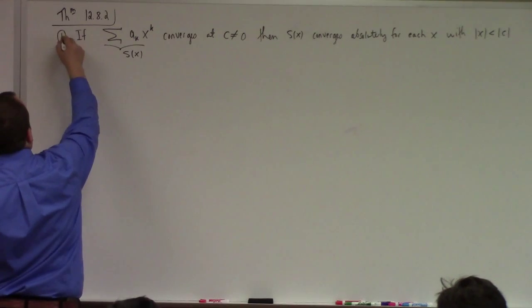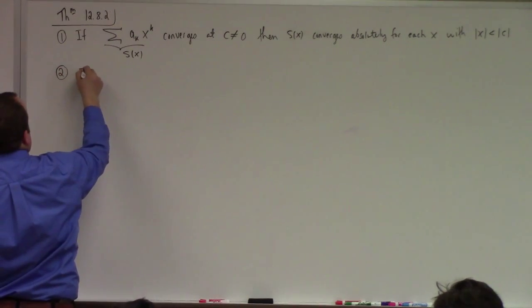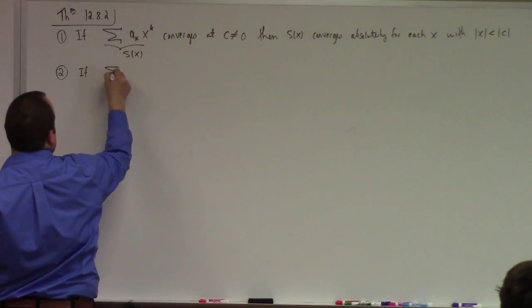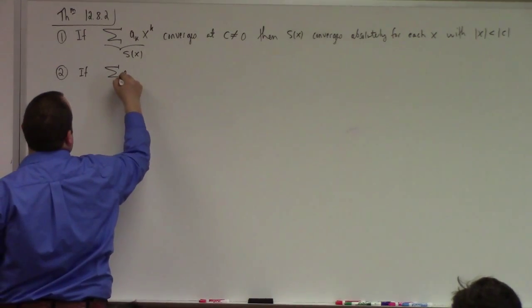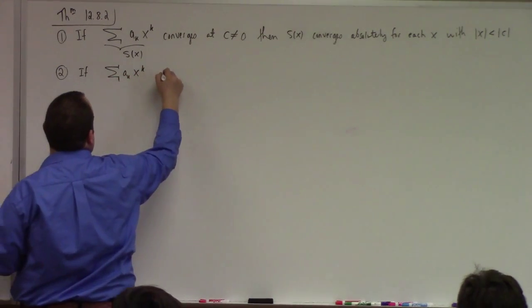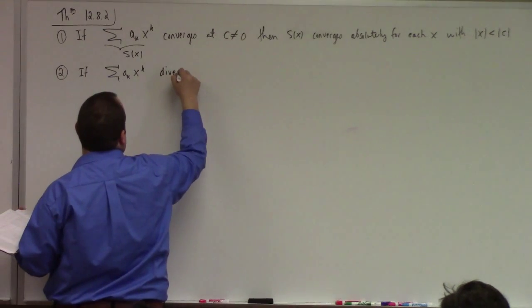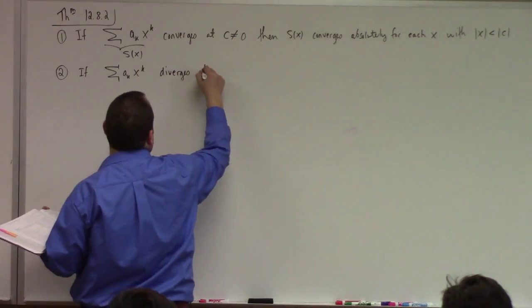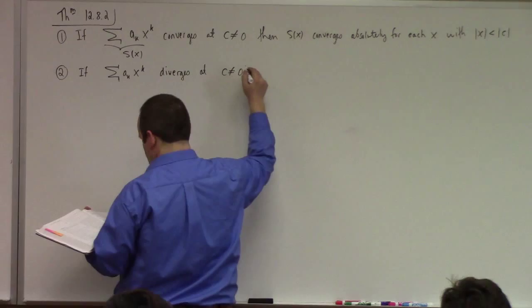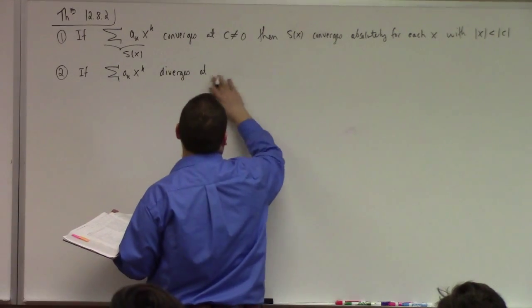That's point number one. Point number two, if the series a sub k x to the k diverges at c not equal to 0. Well, let's say it not c, we use a d.